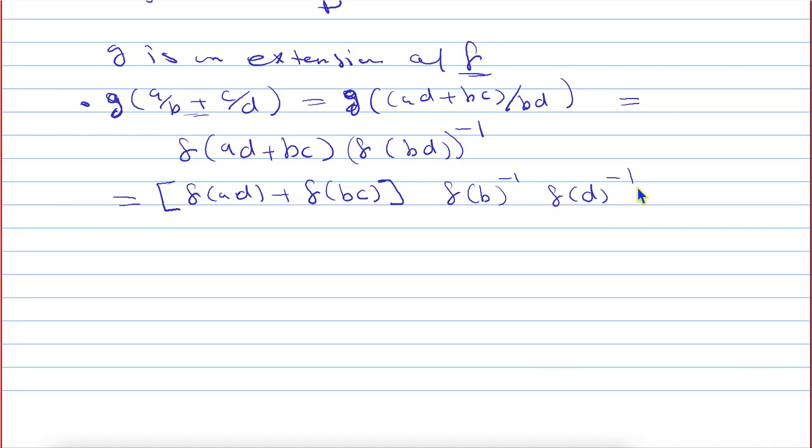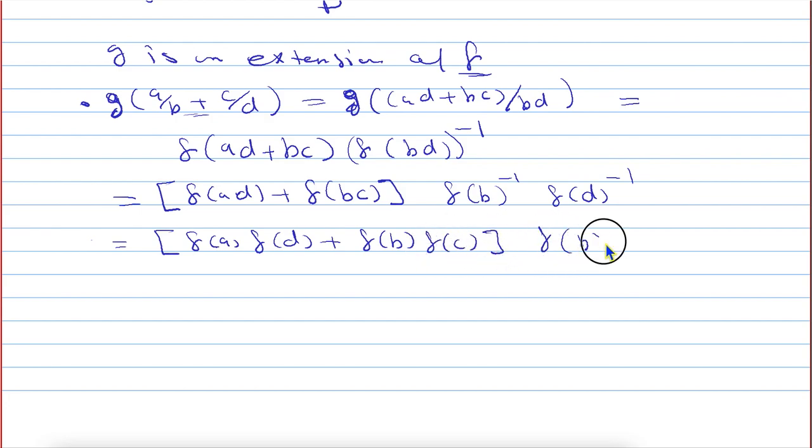Of course, it is commutative, so the order does not matter. And this in itself equals F of A into F of D plus F of B into F of C, again F of B inverse, F of D inverse.